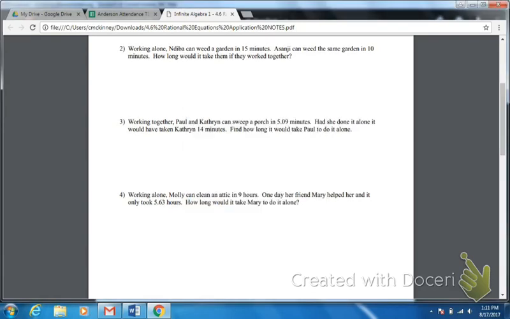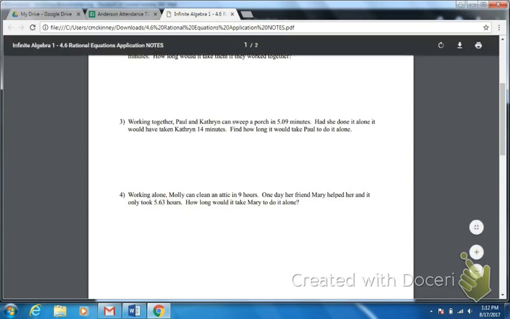All right, and number 2. The first person can weed the garden in 15 minutes. What would the fraction be that represents the amount of work that person is doing? X over 15.